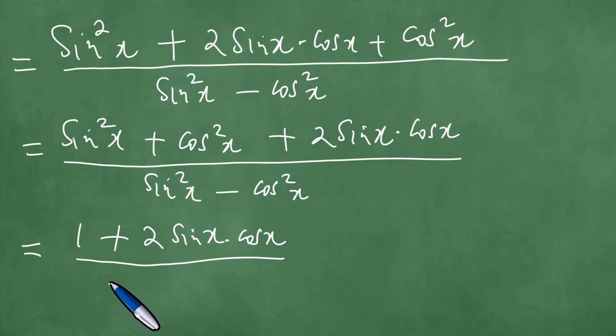Therefore, what do we know about this? What do we know about any of this? We have in the denominator sine squared x minus cosine squared x. What is sine squared x minus cosine squared x?